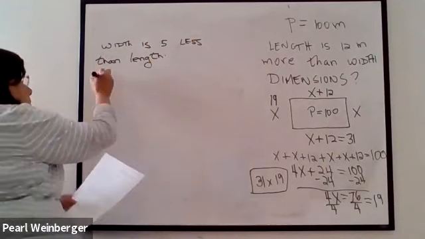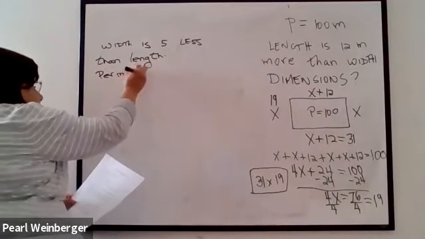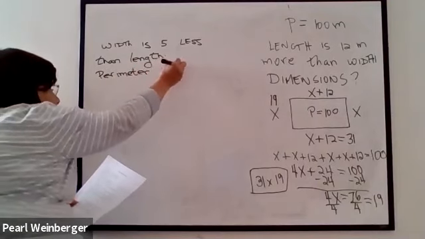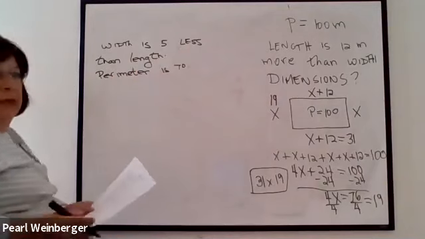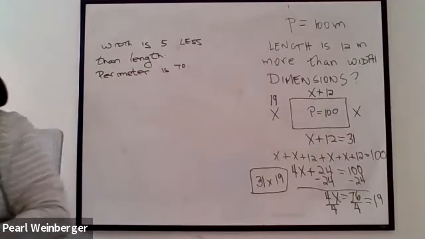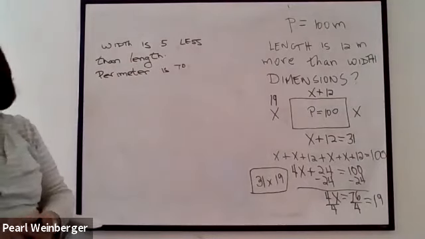The perimeter is 70. Okay, and I want you to find the dimensions of that rectangle. Give you a couple minutes to try that.